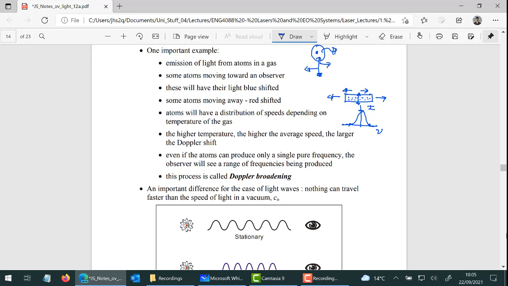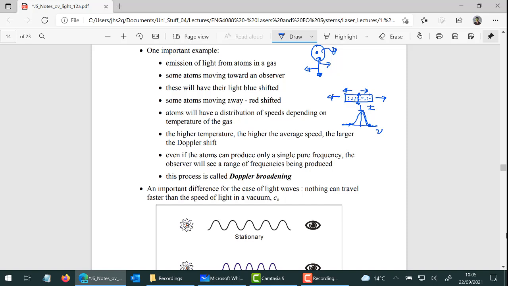So instead of seeing one single pure frequency, the intensity as a function of frequency will have some sort of distribution. That's referred to as Doppler broadening.